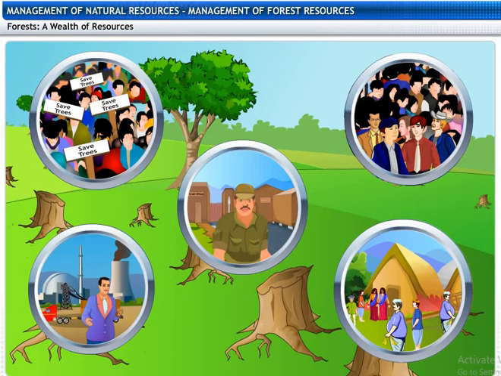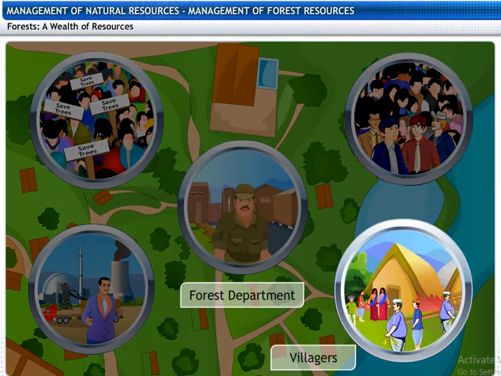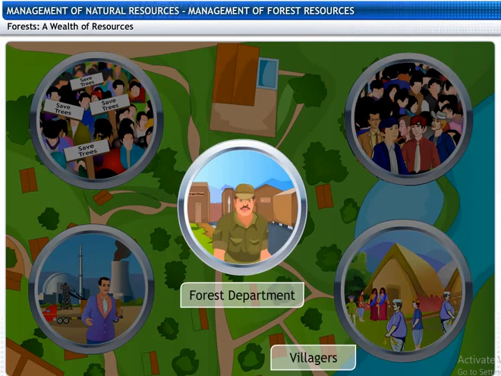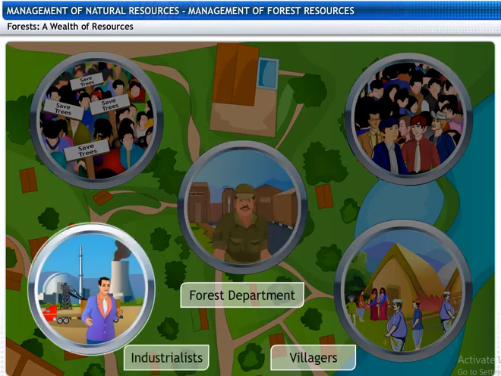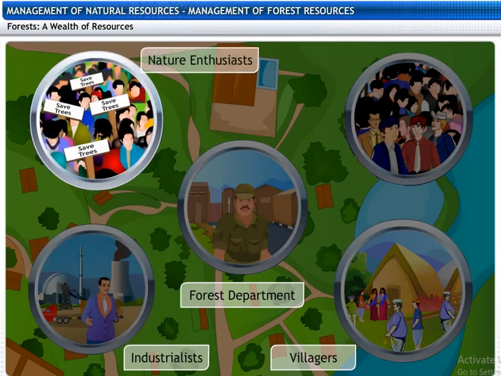These stakeholders include people who live in or around forests, or the villagers, the forest department of the government, which owns the land, industrialists, who use various forest produce, nature enthusiasts, who lobby to conserve nature as it is, and of course, all of us, you and me, are stakeholders too. After all, these forests also belong to us.